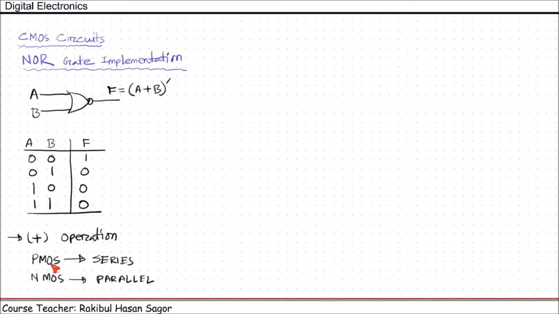We know the PMOS is used in PUN, that means pull-up network circuits, and NMOS is used in PDN, that means pull-down network circuits. Now let us construct the circuit. We have (A or B) whole prime. So first of all, we need to take VDD. As we have OR operation, so PMOS, they will be connected in series.